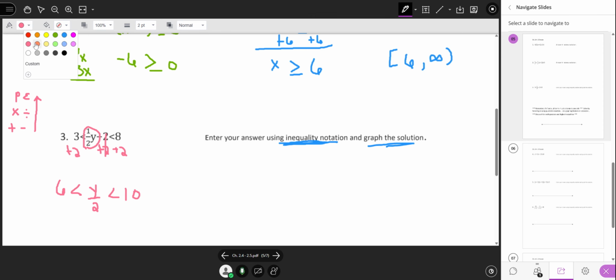Now the next step, get rid of multiply or divide by doing the opposite. So the opposite of divide is to times. And I have to times to all 3 pieces.